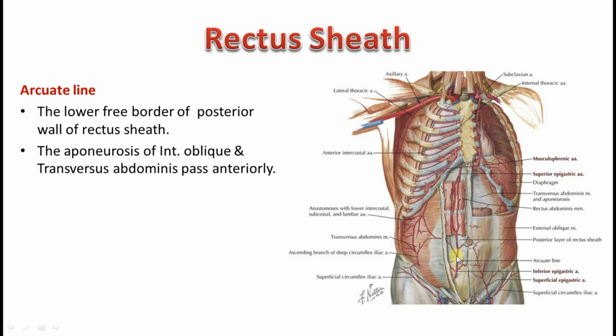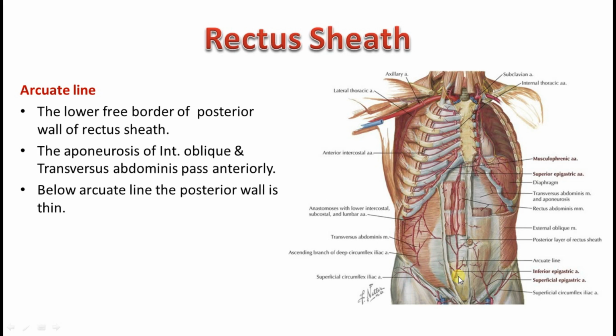The arcuate line is crossed in front by the inferior epigastric artery. So here you are able to see the inferior epigastric artery and this lower free margin, the lower posterior margin of the rectus sheath. Below that there is no aponeurosis, it is only the fascia transversalis.